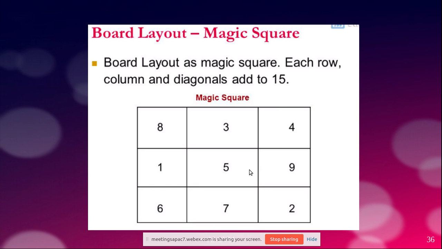Why are we talking about this? Because when we were working with the previous logic, we found that 3 rows, 3 columns, and 2 diagonals should be used. Then it immediately struck me that the same logic was used in building a magic square. So why not use a magic square for that?